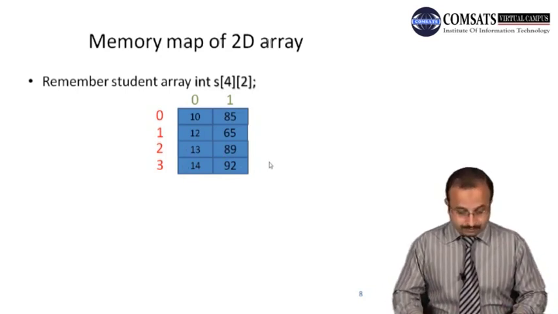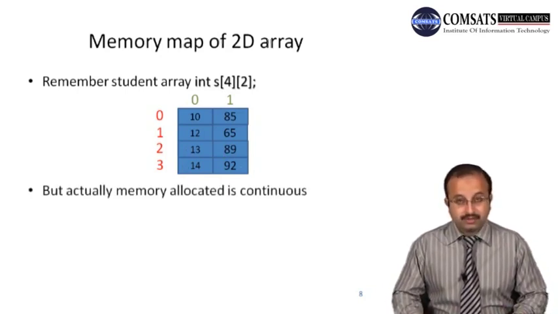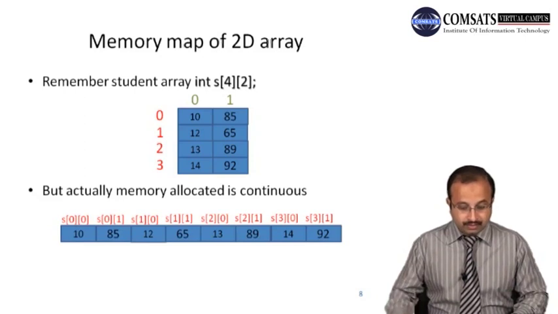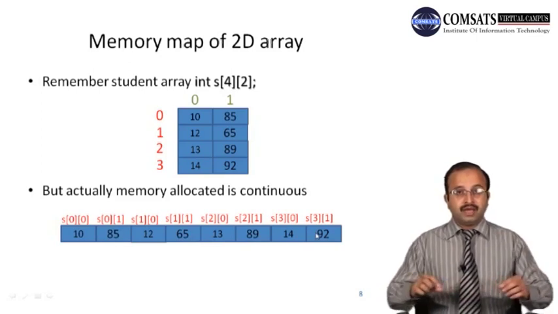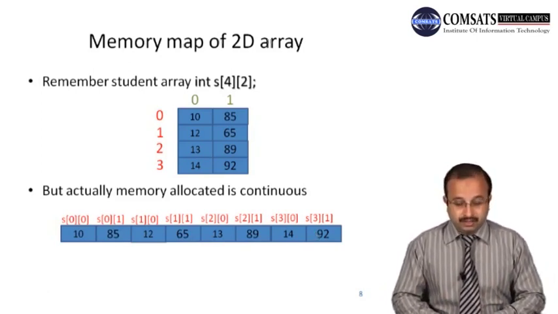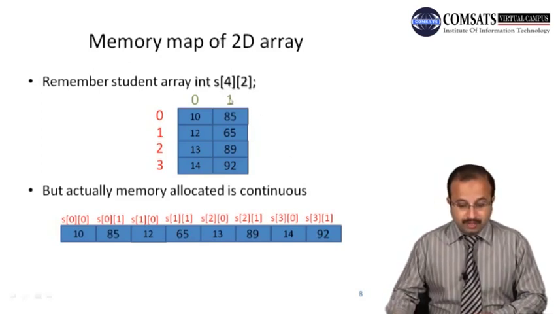Okay? But actually the memory allocated to the 2-dimensional array, or any dimensional array, 3-dimensional array, is continuous. It will be like this. So this is the first 2 cells that come over here, then the second, then third and then fourth. Okay? So the memory allocated for a 2-dimensional array is in fact in continuous form, not like this table form.